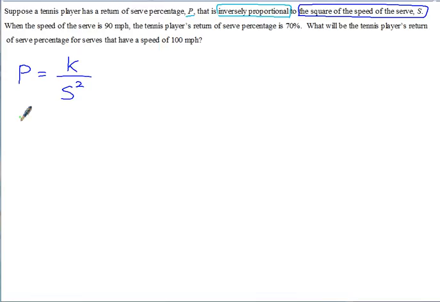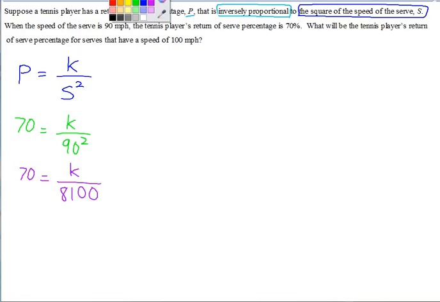So P is the return of serve percentage, so that's 70%. Speed is 90 miles per hour, so 90 squared. So 90 squared, see, 8100.